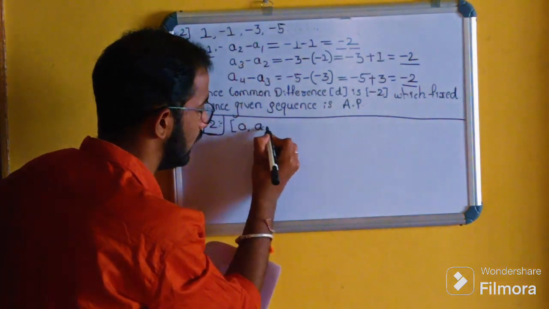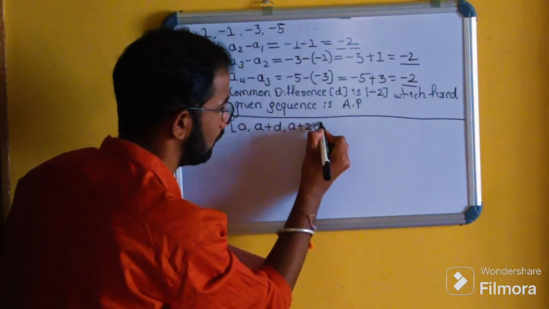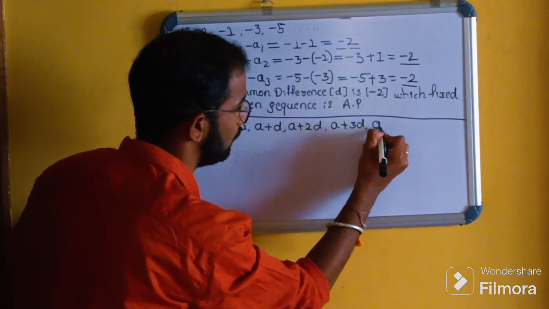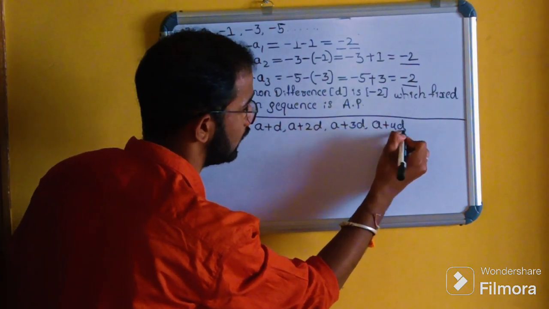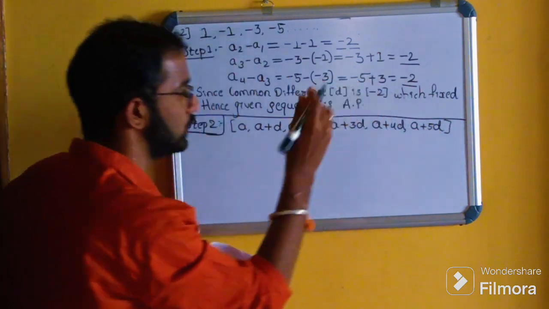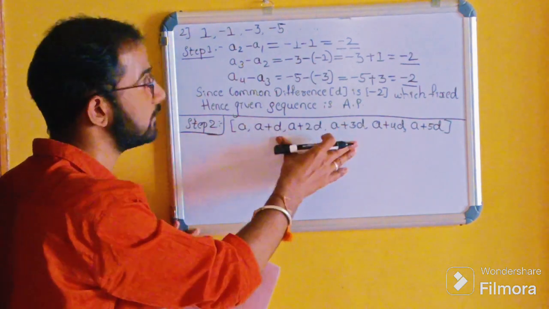So this is the general form. If you compare these two, what is the value of a? The value of a is 1.